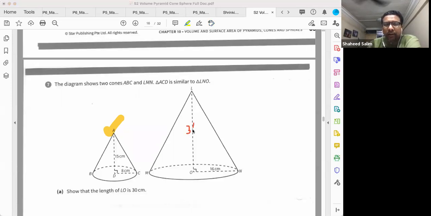Okay, this one 30, yeah? Well done, Shafi. You assume the height here is 30, yeah?